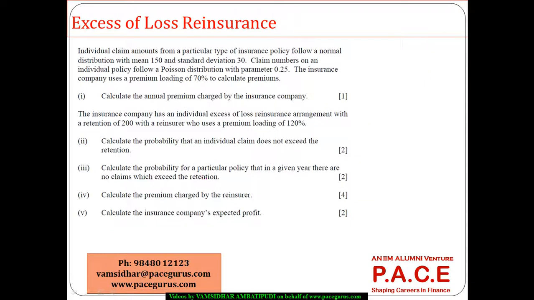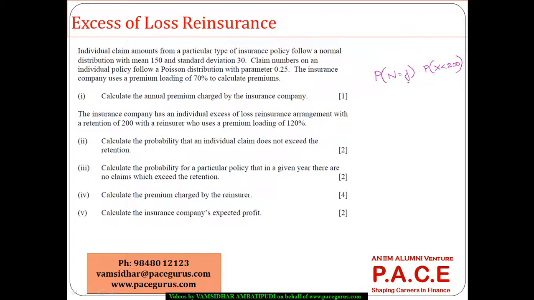Then calculate the probability that for a particular policy in a given year there are no claims which exceed the retention. So in a particular year, let's say there are J number of claims. What is the probability that there are J claims, and what is the probability that each of the claims is less than the retention amount?